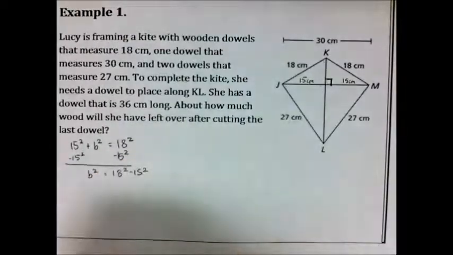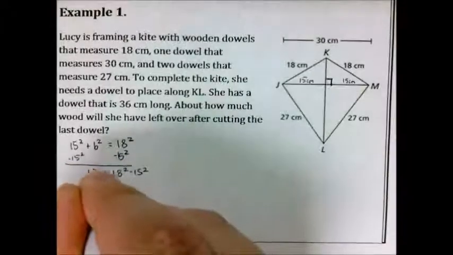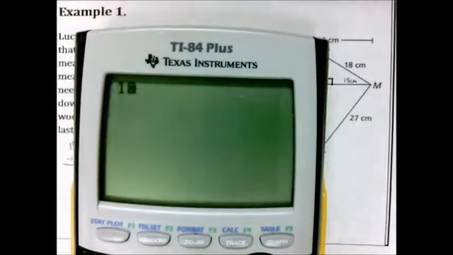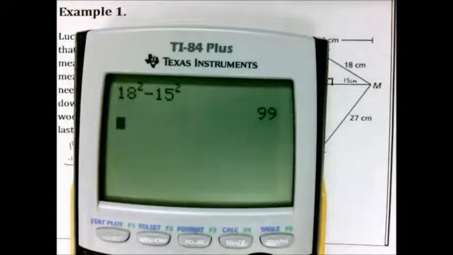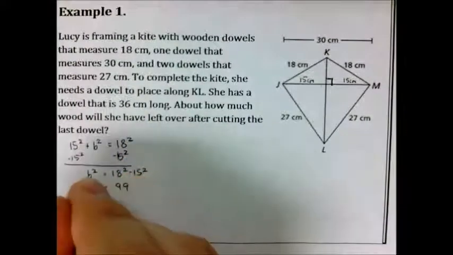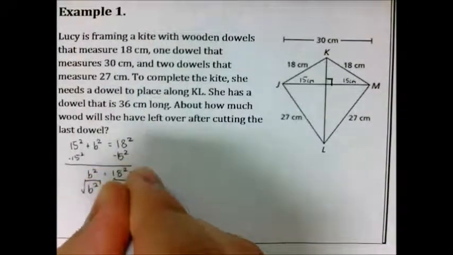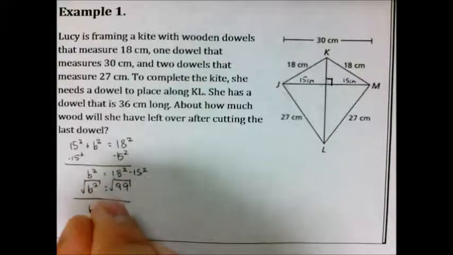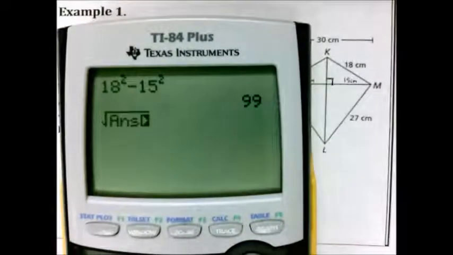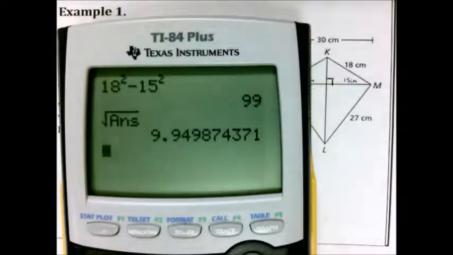If we get out a calculator, because that's a lot of work to do, 18 squared minus 15 squared is 99. Which means that the length of b, if we take the square root of both sides, would be b is equal to the square root of 99, which is 9 point, we can round that to 9.9.